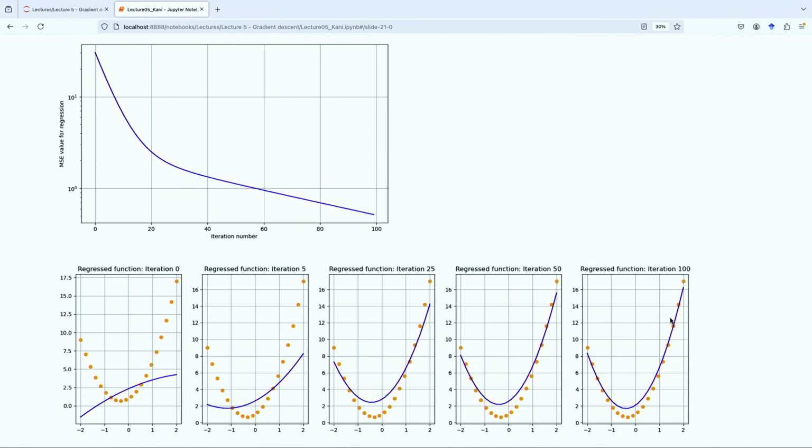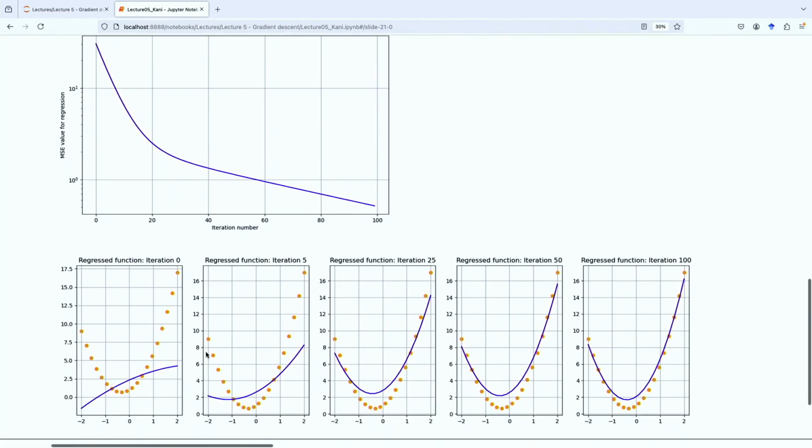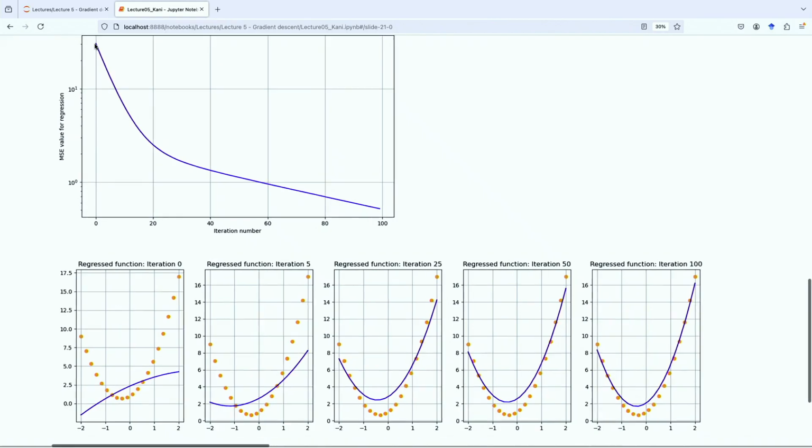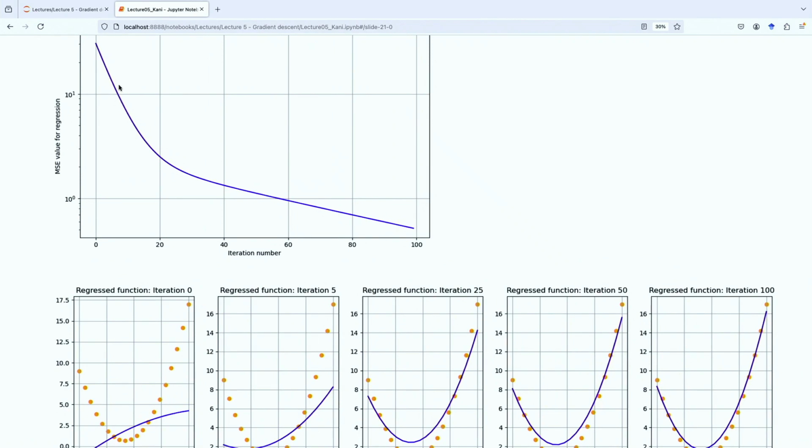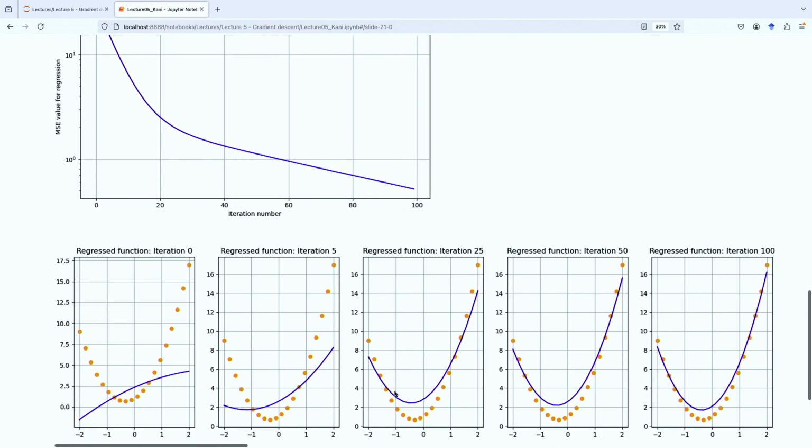And if we look at the mean squared error for this function, we see that at the very start, when A, B, and C are just random numbers, the error is very large. But then as we run gradient descent, especially around iteration 20, where you get a nice curve going, the error greatly decreases. And then if we keep running gradient descent, we get closer and closer to the ground truth values.